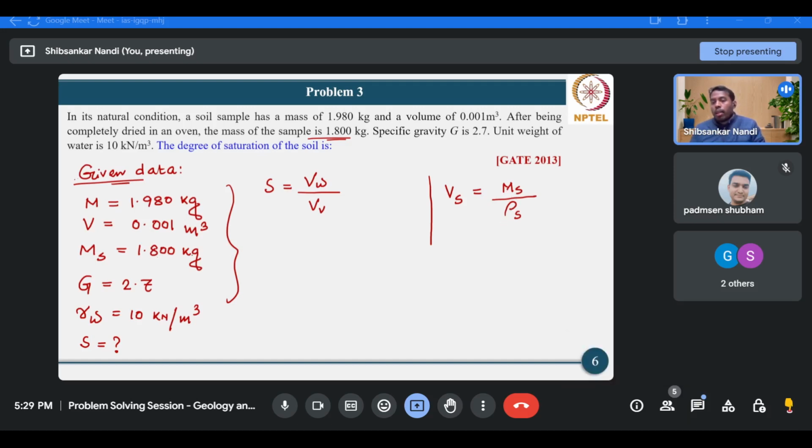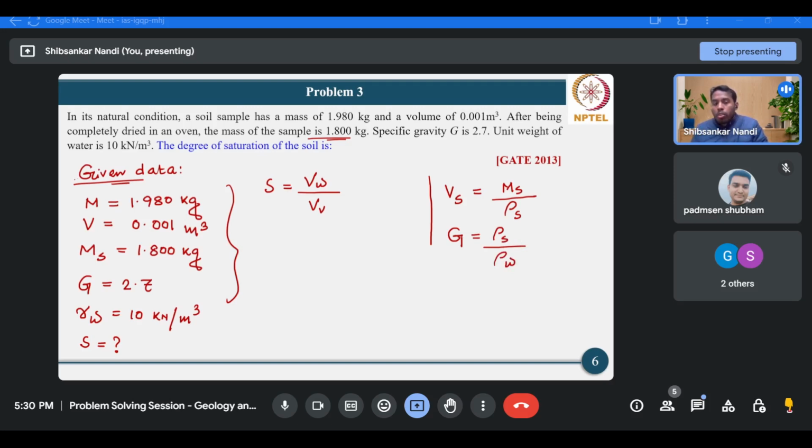This is 1.8 kg. Now what about this density of soil solids? So density of soil solids we can get from the definition of specific gravity of soil solids. This is the ratio of rho S to rho W, density of soil solids to density of water.